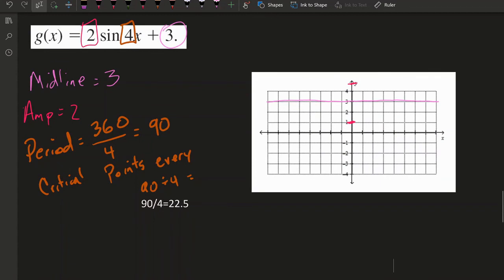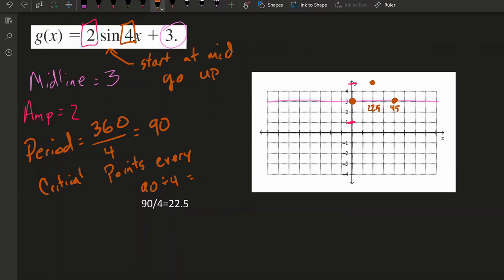Okay, so now what I can do is say that right here. Oh, I didn't identify this. Sine means start at the midline and then go up. Okay, so here's my starting at the midline, and then at 22.5 degrees, I'm going to go up to 5, and then 22.5 degrees later would be 45 degrees.